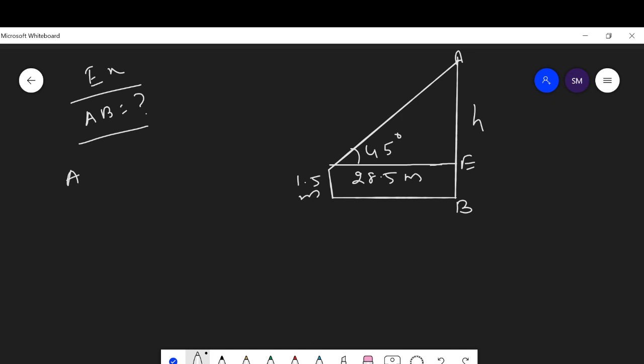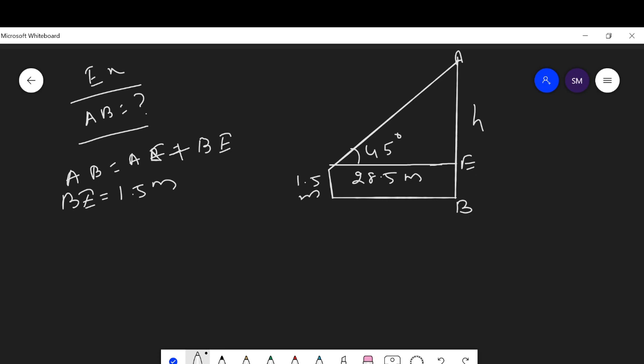Here AB is equal to AE plus BE. BE is equal to 1.5 meter. Then we have to find the length of AE.